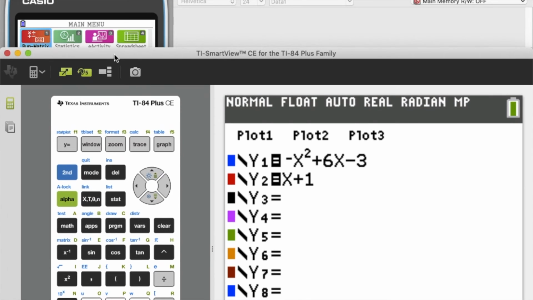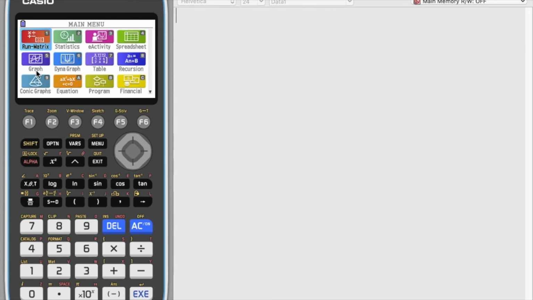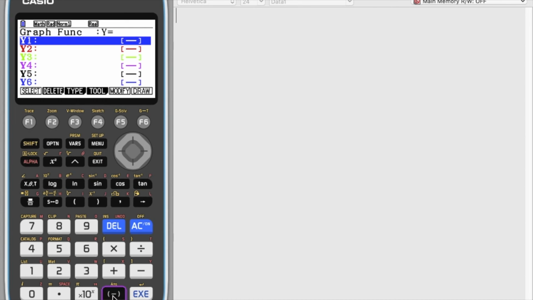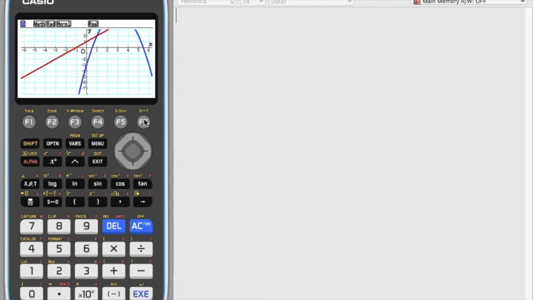Okay, and I'll do the same on the Casio. I'm going to delete that, and it's negative x squared plus 6x minus 3, and x plus 1. Okay, and since I'm here on the Casio, I'm just going to hit F6 for draw. There's one, there's the other.